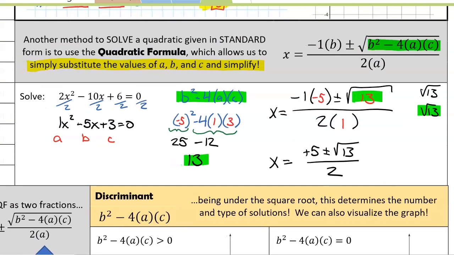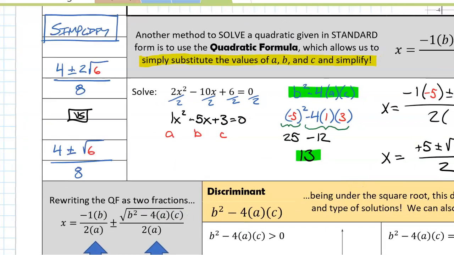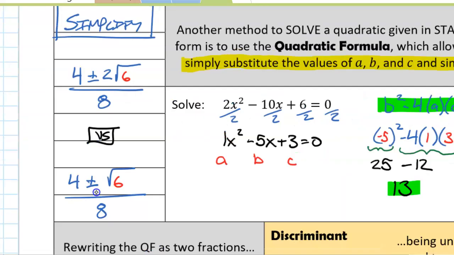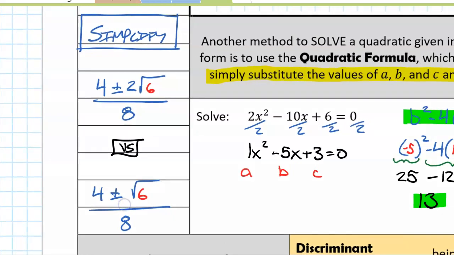A small side note on simplifying. So off in the margin here, we're going to talk about simplifying in this quadratic formula. I have two examples, 4 plus or minus 2 root 6 over 8 and 4 plus or minus root 6 over 8. We are only able to divide out a common factor of the numbers that are outside of the square root, and only if they all share a value.